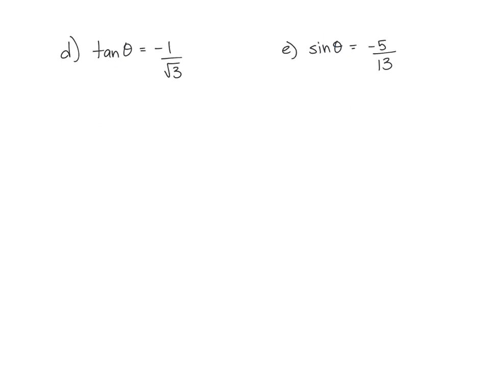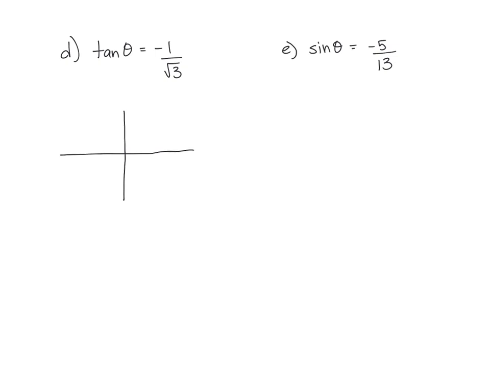So take a moment and try to work on tan theta equals negative 1 over root 3. Identify which quadrants you would have your terminal arms, and then write on your special triangles. Okay, so let's see how we did with finding our location. So I'll draw my axes.